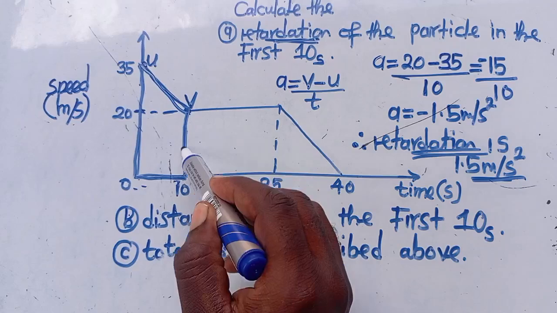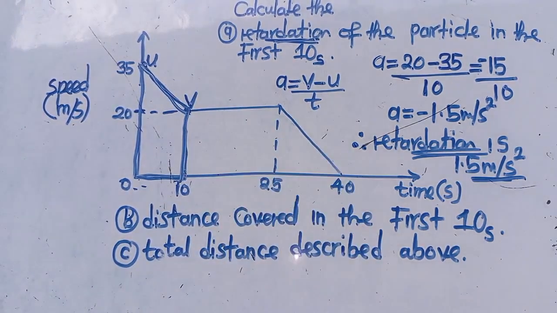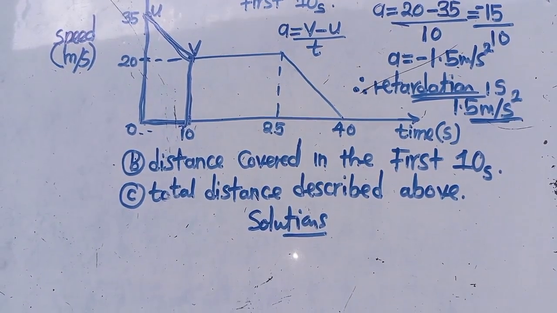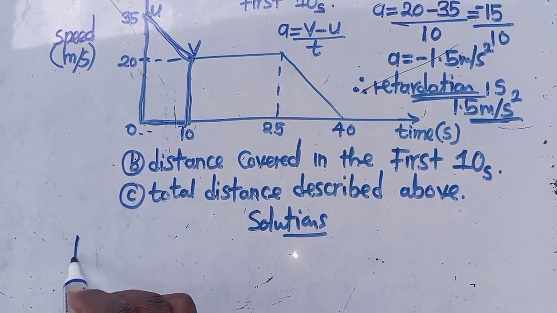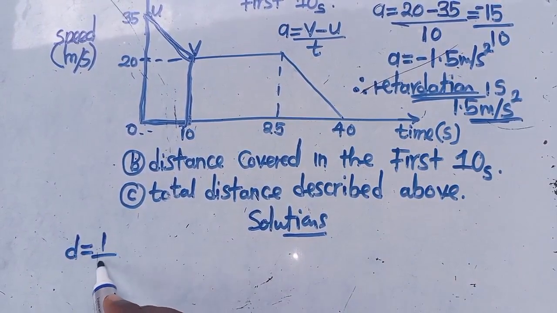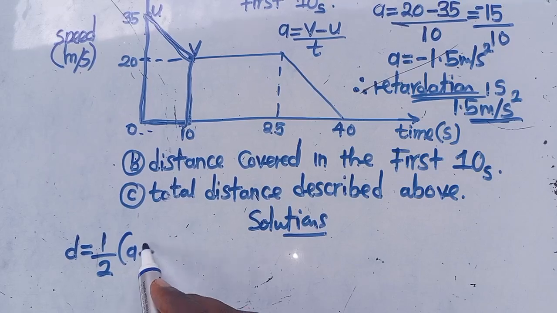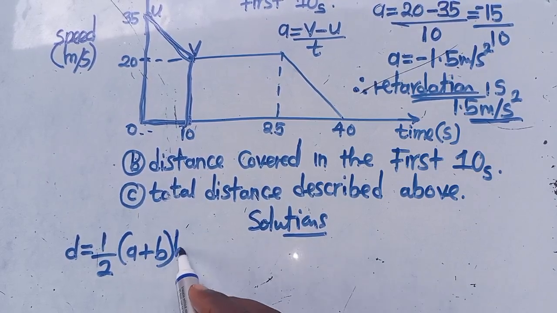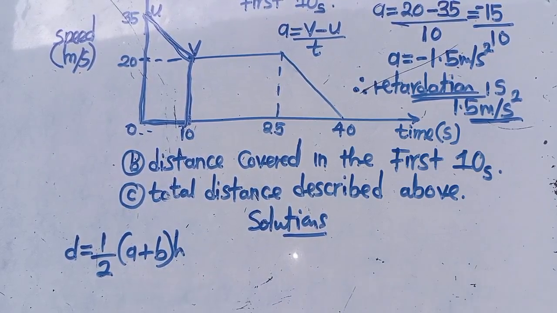What is the name of that shape? Trapezium. So the formula we are going to use is the formula for trapezium, where distance is equal to 1 over 2 (A plus B) times H. Which one is my A?